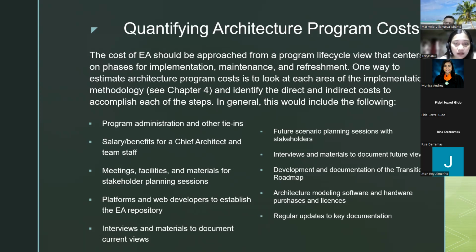Meeting facilities and materials for stakeholder planning sessions, platform and web developers to establish the EA repository, interviews and materials to document current views, future scenarios, planning sessions with stakeholders, interviews and materials to document future views, development and documentation of the transition roadmap, architecture modeling, software and hardware purchases and licenses, regular updates for key documentation. So lahat yan kailangan gawin para ma-quantify yung architecture program cost.